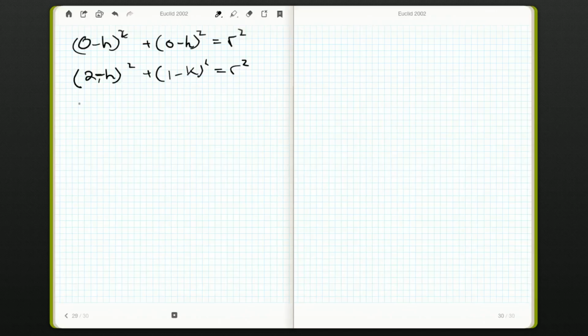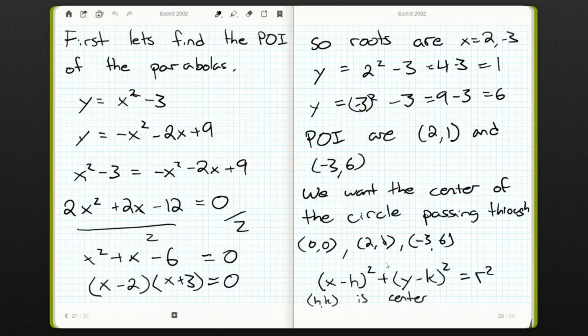If I have made a mistake, I'll find out in a moment when I go back to double check. Okay. So we'll go back and double check what we've got going on here. 2, 1, negative 3, 6. Okay.